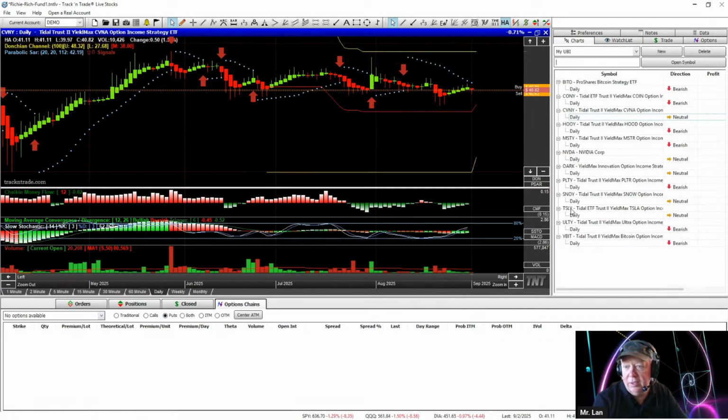CONY. There it is. Okay, I got them all, all twelve. So that's the list right there of our very top ones in Track and Trade.